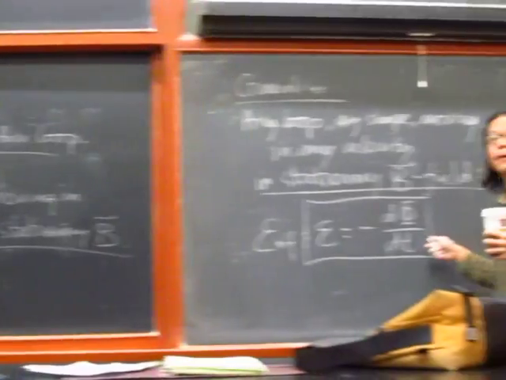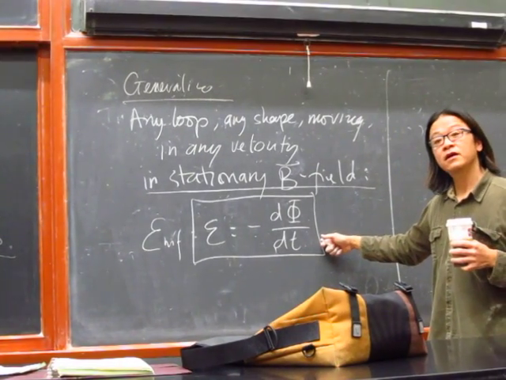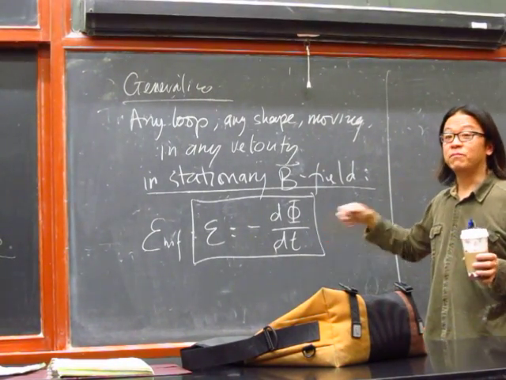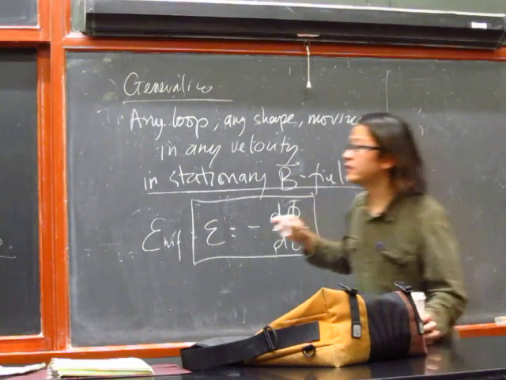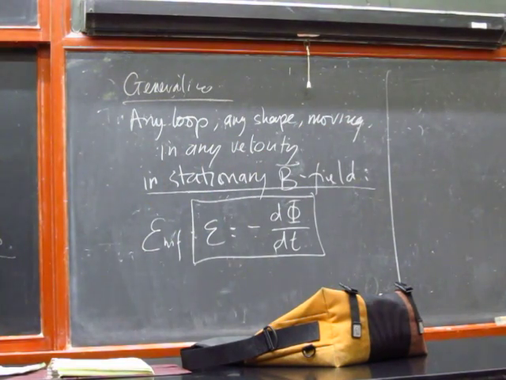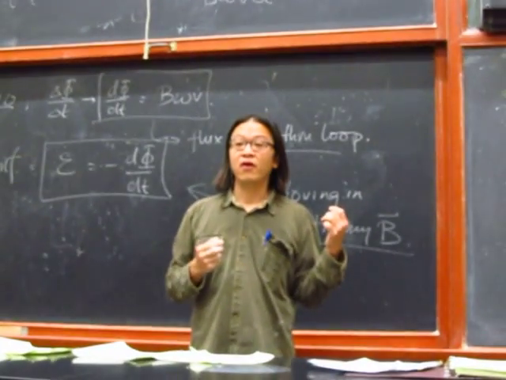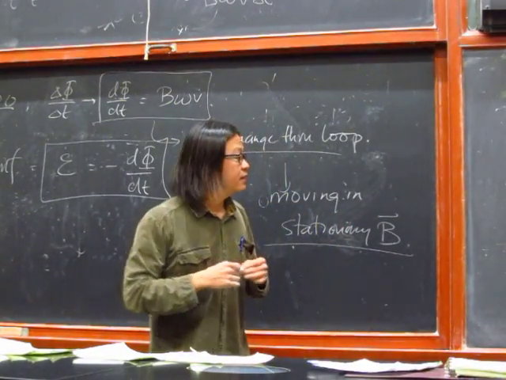So by stationary, you mean kind of constant B field? No, if the B field is constant, or without any spatial variations, say, right, then the loop always sees the same flux, then there is no EMF. So what do you mean by stationary?